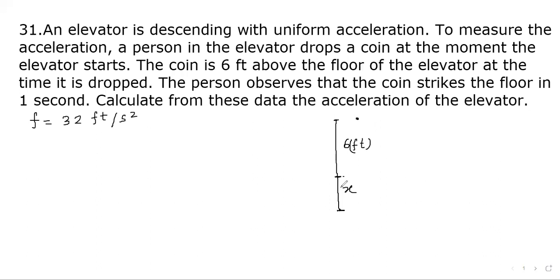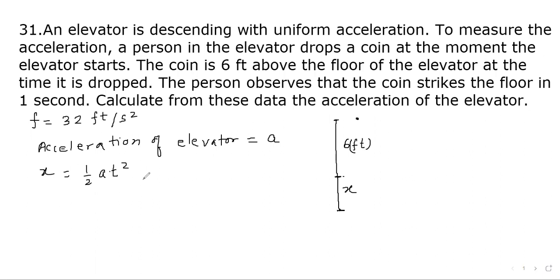So let the acceleration of the elevator be small a. The distance covered by the elevator will be half a t square, because it starts from rest, and the distance covered by the coin will be x plus 6, and the coin is falling freely under gravity.